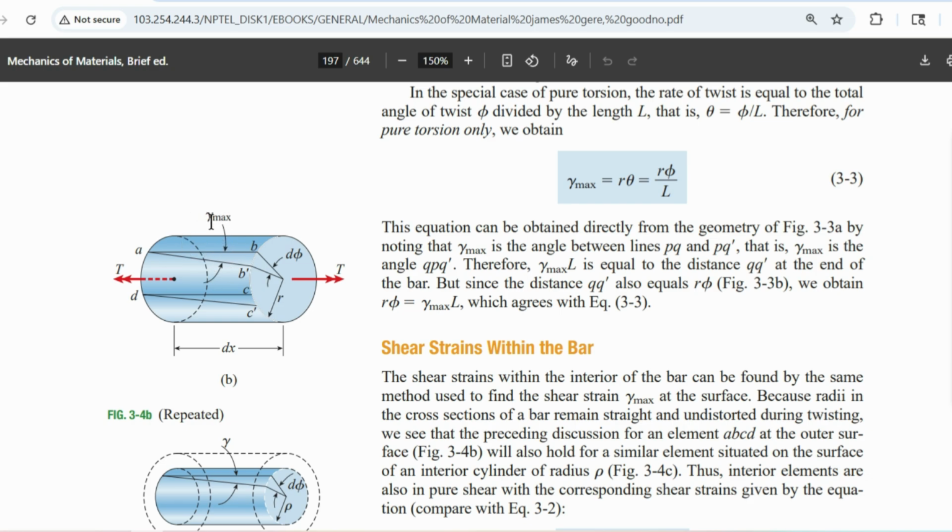We know this angle from the material properties. And so if I know this value can only be, I'm just going to throw a big number in there, 0.004 for steel. And then I know my radius, I know my length, I know my twist, I know my angle of twist for steel. Now that is fascinating. Is that how this equation works?